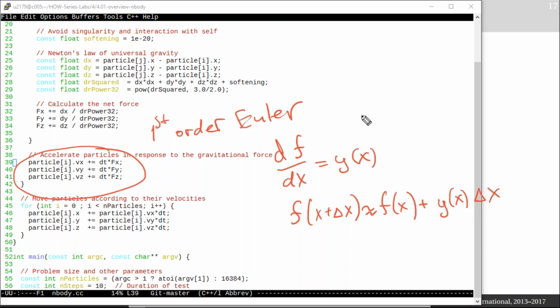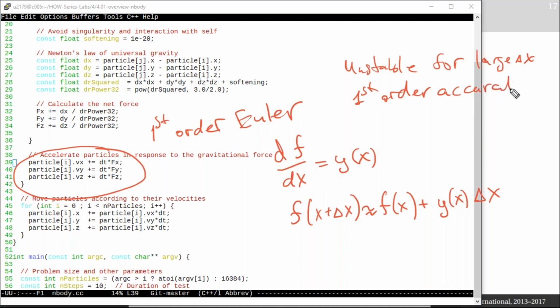This method is known to be unstable for large delta x, and it is only first order accurate. Neither are good characteristics of solvers for differential equations.